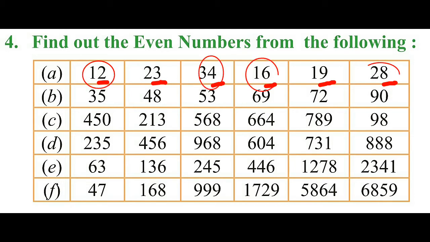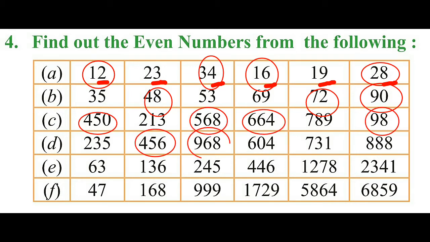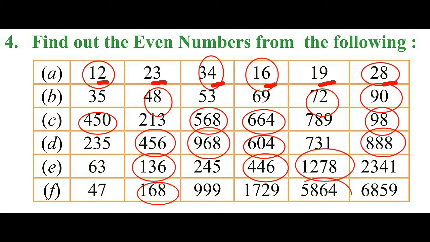So this is an odd number. Next is 34. Here at ones place it carries 4. So this is an even number. Here 16. Here it carries 6 at ones place, right? So it is an even number. Next 19. It carries 9 at ones place. So 9 is not a multiple of 2. That's why it is an odd number.